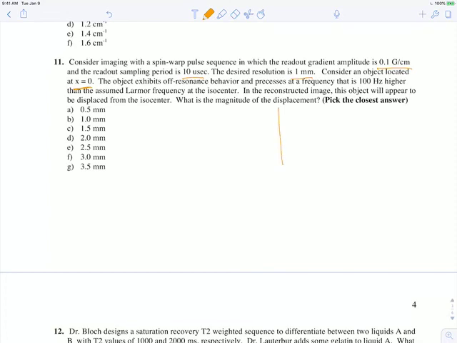So let's think about what this problem means. I have a spin at the isocenter, so it should just stay pointing that direction the whole time, and therefore I know it's at the isocenter. But for some reason, it decides that it's going to precess at 100 hertz. So it's going to do the same precession as a spin from some other place in space. Imagine I have some gradient on here, and the readout gradient is 0.1 Gauss per centimeter.